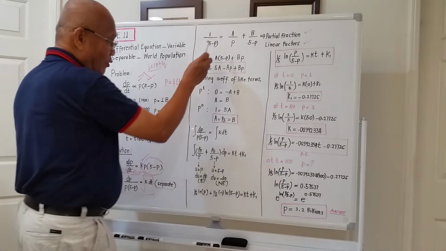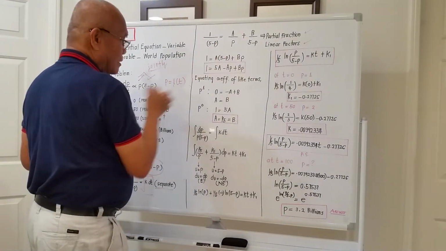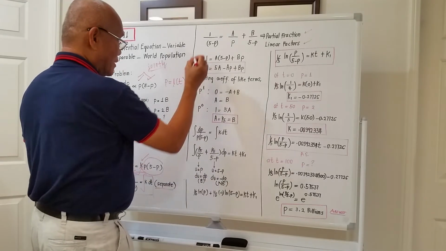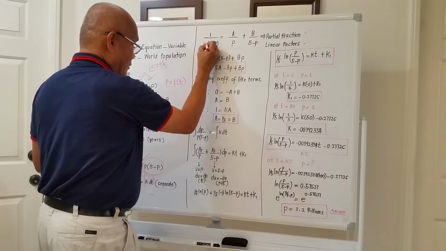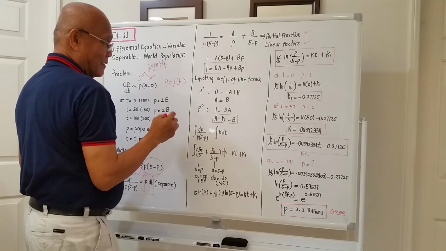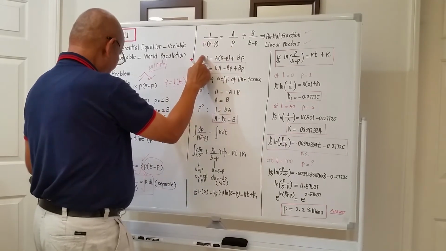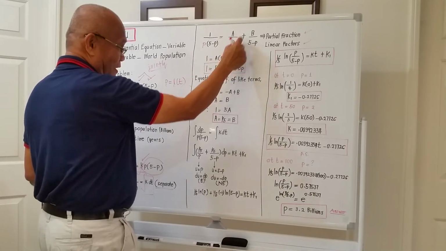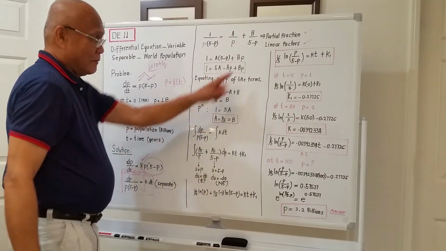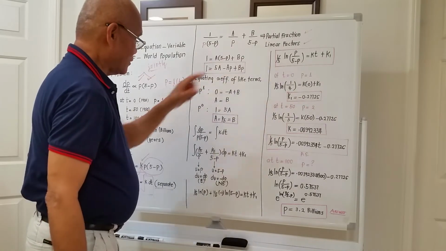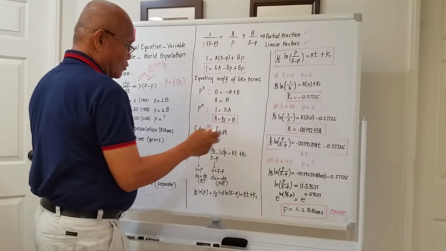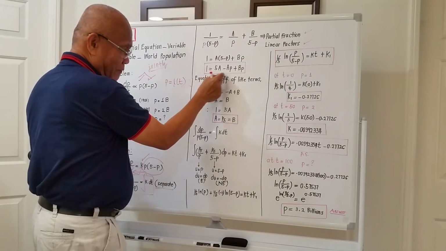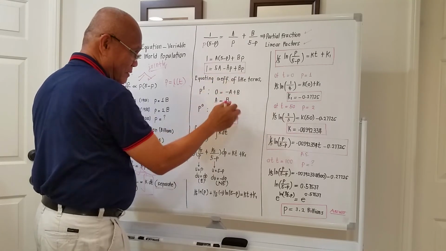So 1 over p times (5 minus p) should be equal to a over p plus b over 5 minus p. Simplifying this one, 1 now will be equal to 5a minus ap plus bp.